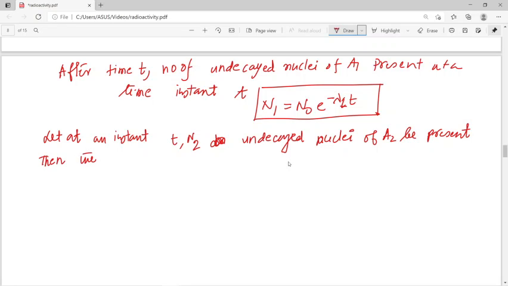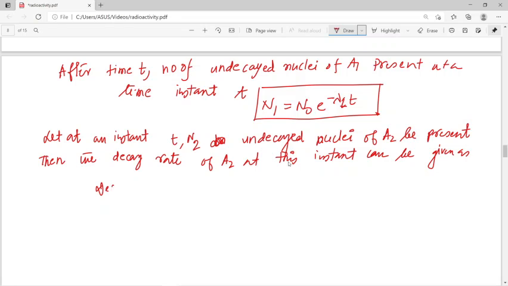Then the decay rate of A2 at this instant is given as lambda 2 times N2.